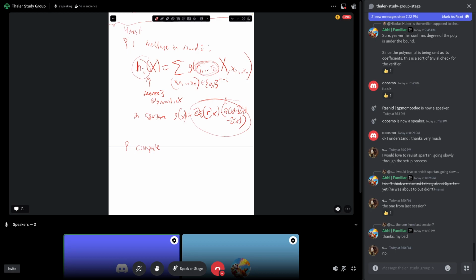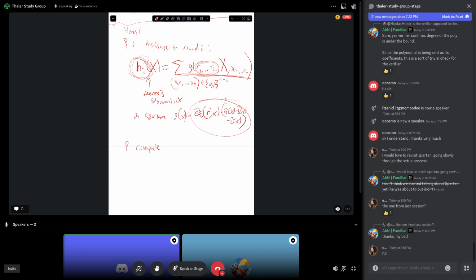Because H_i is defined as a sum of evaluations of g, it's very natural for the prover to compute H_i in evaluation form, via 4 evaluations instead of the standard monomial coefficients. You can specify a degree 3 univariate polynomial by specifying any 4 of its evaluations.